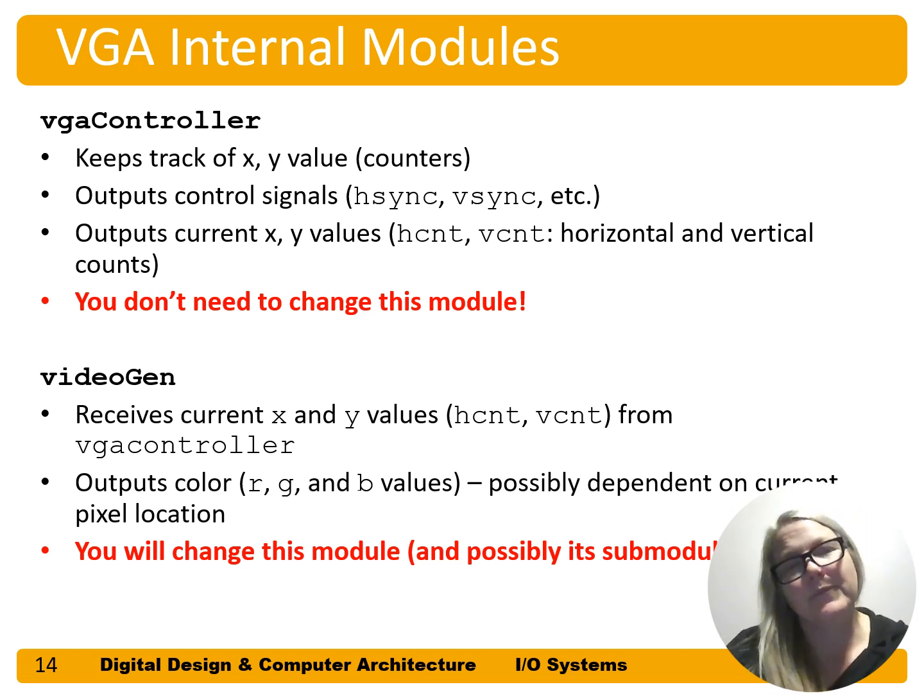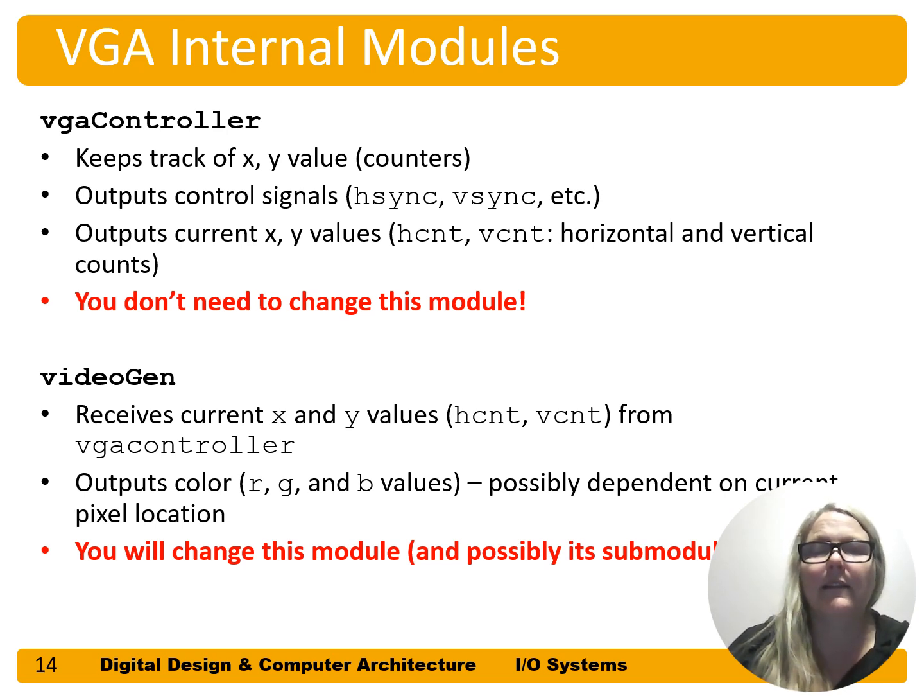And so these are the main modules, VGA controller, and you won't need to do anything to this module. You won't change it. It keeps track of the XY values using counters, and then outputs control signals, like we talked about, and then it's going to get the RGB values.